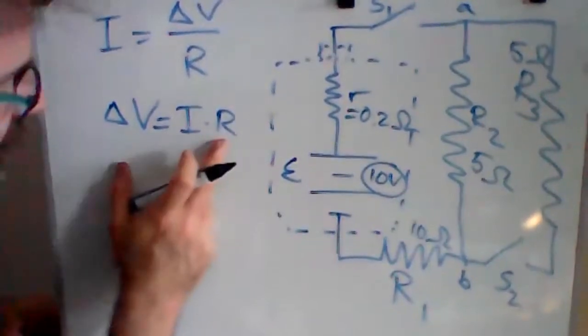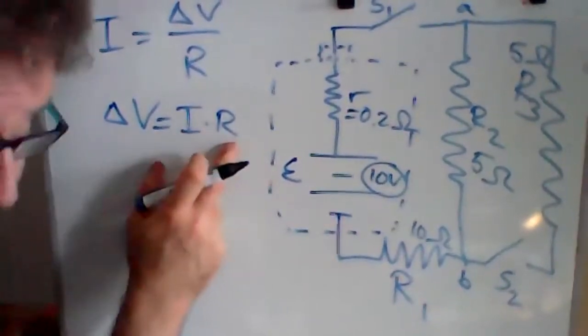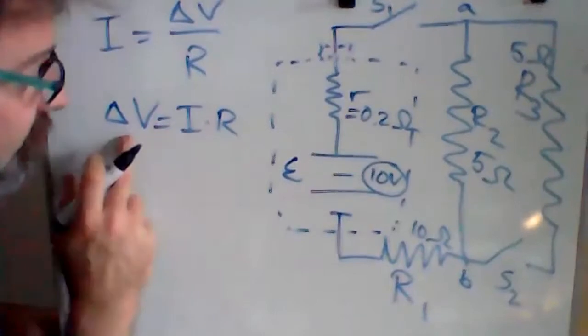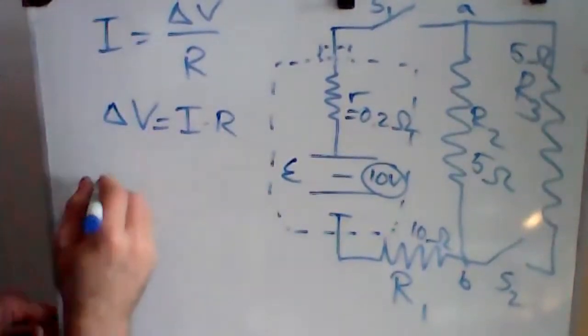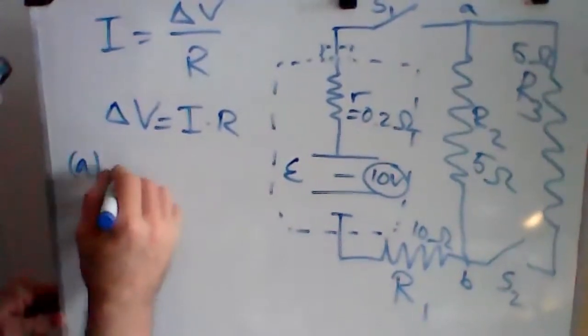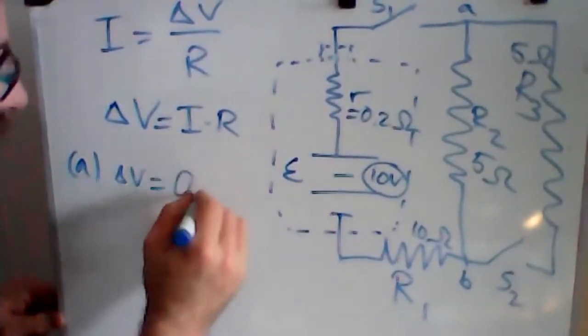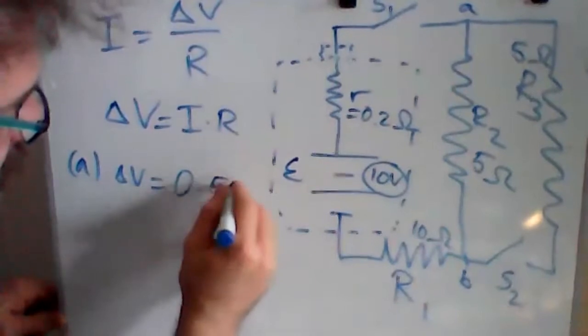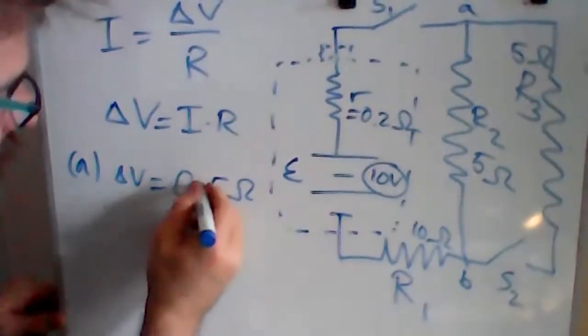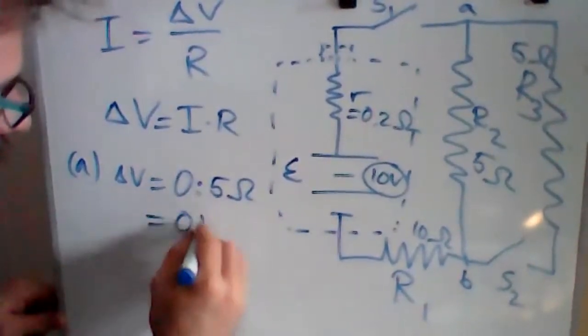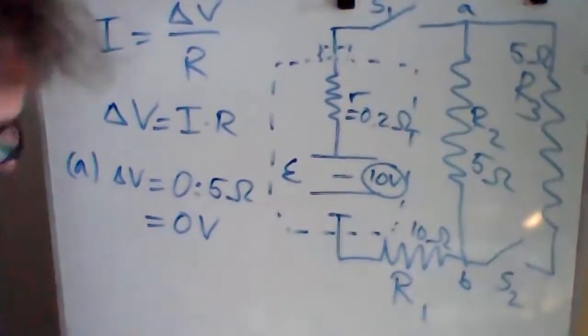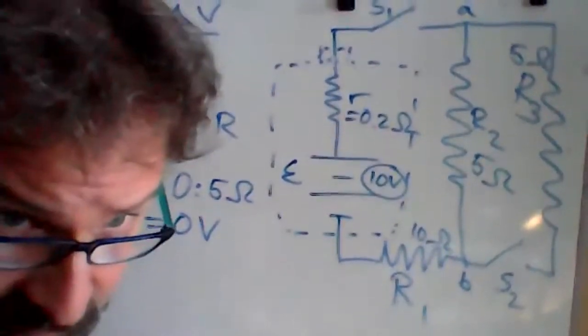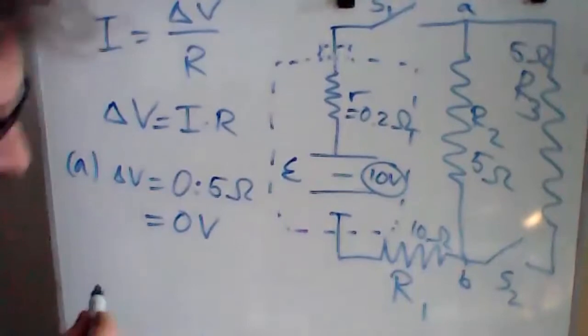But if there is no current, then for sure the voltage drop is 0. So the voltage drop between A and B has to be 0, and this is part A. Delta V is equal to 0 times 5 ohms equals 0 volts. Voila! Pretty straightforward, right? Yeah, good.